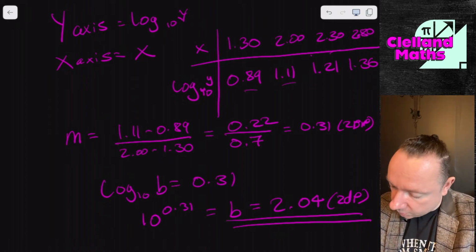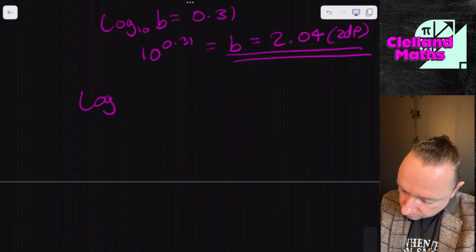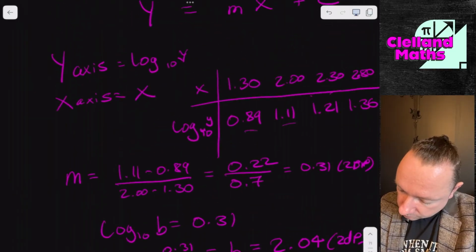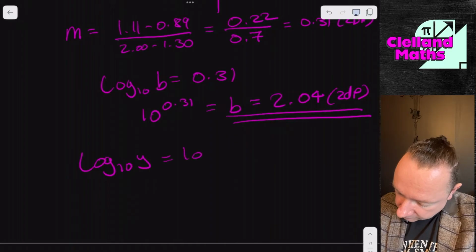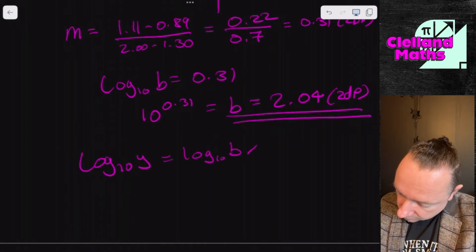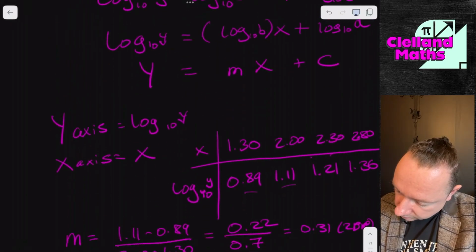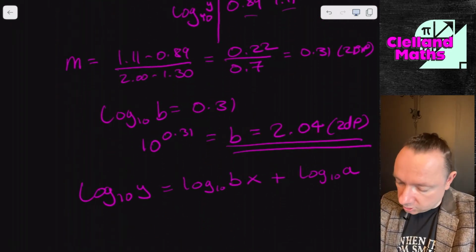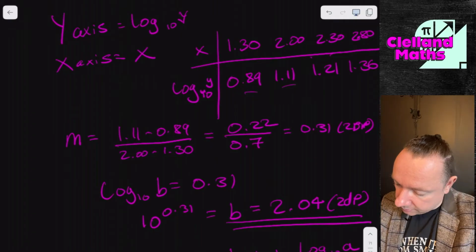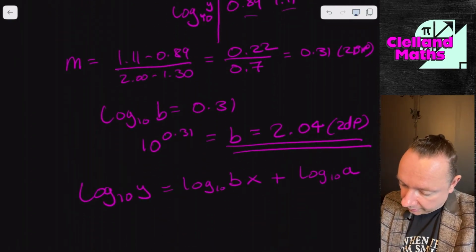So we now need to work out our c. So we've got log 10 y equals log 10 b times x plus log 10 a. Let's just pick another point, let's pick 1.3 and 0.89.